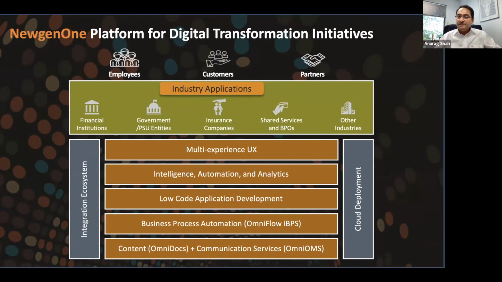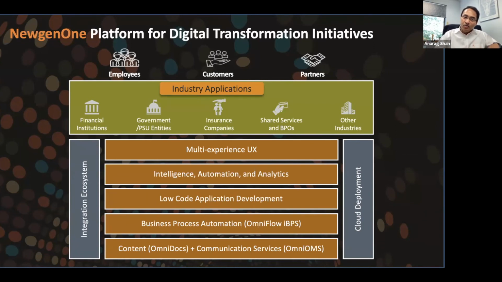And all of these to do what? To give that multi-experience user interface for your industry applications across banking, financial services, government, public sector, insurance, shared services. We talked about it. And while you are doing all of these, integration and being in the ecosystem is most important.